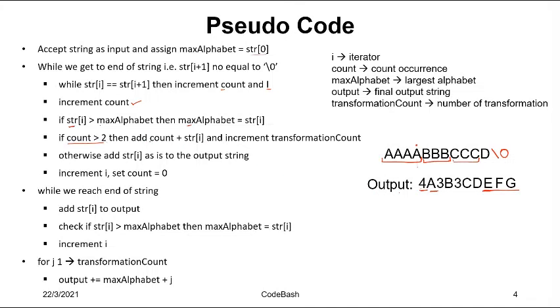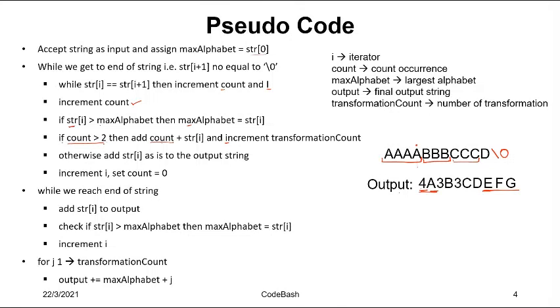And remember that this count that we have is an integer, and it needs to be converted to a string to be concatenated with another string. And we also increment the transformation count, because this is one modification and the same number of characters need to be added later.